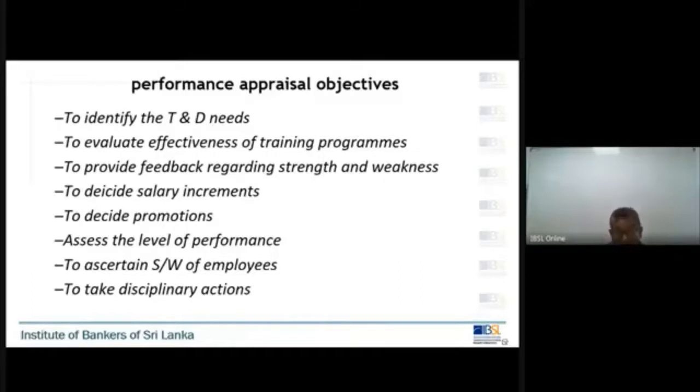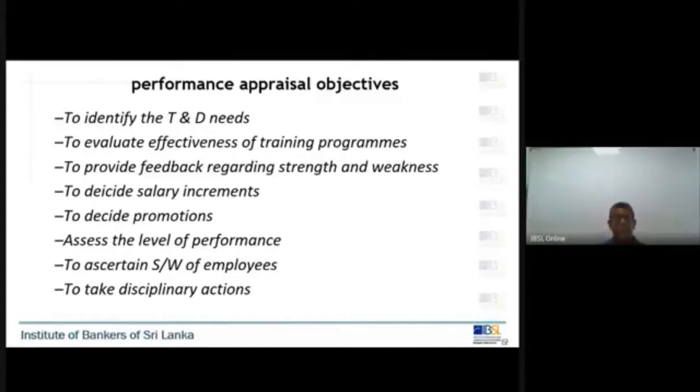Performance appraisal, mind you, is beneficial for you as well. Another question can ask how it benefits you, and how it benefits the employer or the bank. Both ways, you just switch. How does it benefit you?